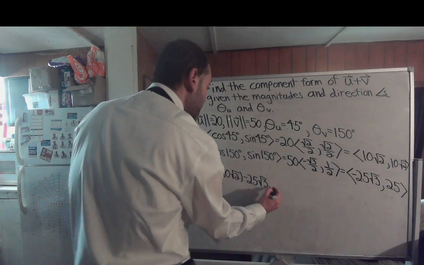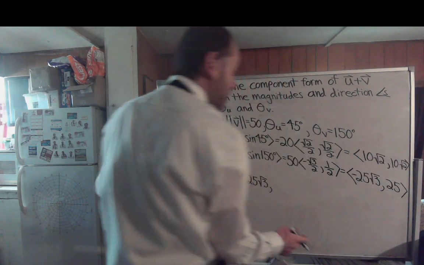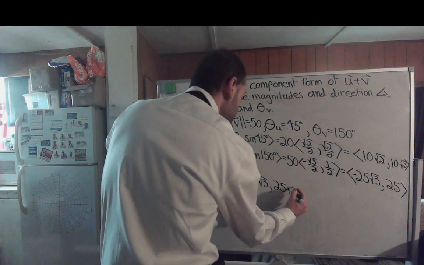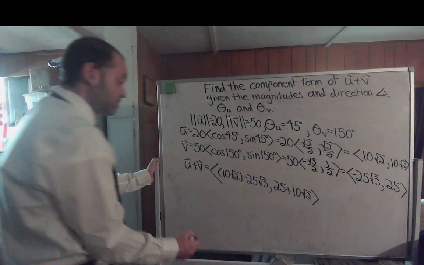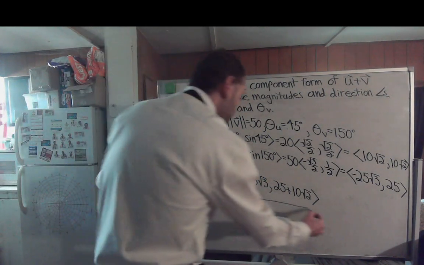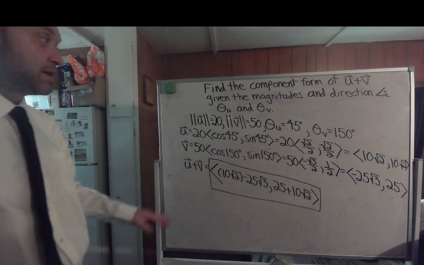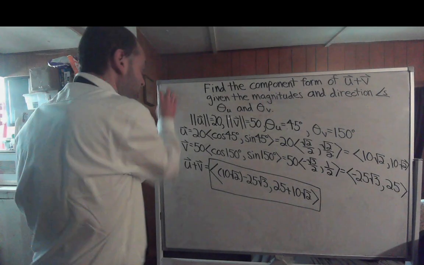That's just for your x component of the vector. And then for your y component, you'll end up getting 25 plus 10 times the square root of 2. So yes, you can get vectors like that. That is the sum of vectors u and v. And I got one more of that, and then we're on to the final two exercises.